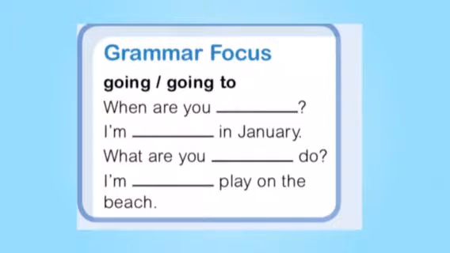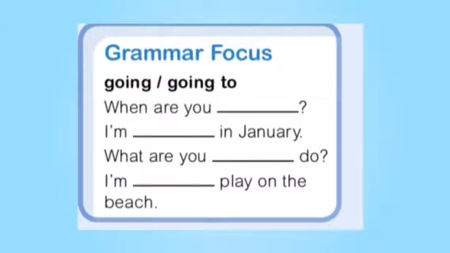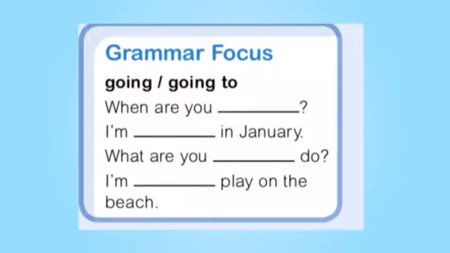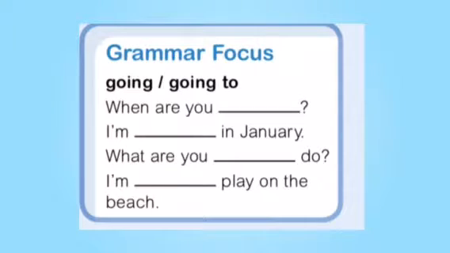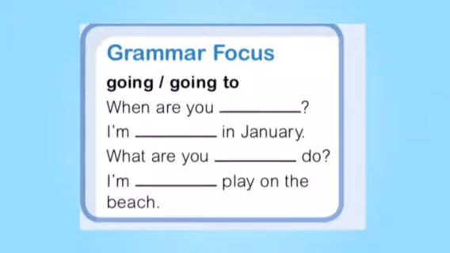Okay, here I'm blank in January. So how are we going to choose going or going to in the second sentence? Like we said, here January is a month. If you say in January, in February, in March, in April, whatever, any months of the year, we're going to use going.